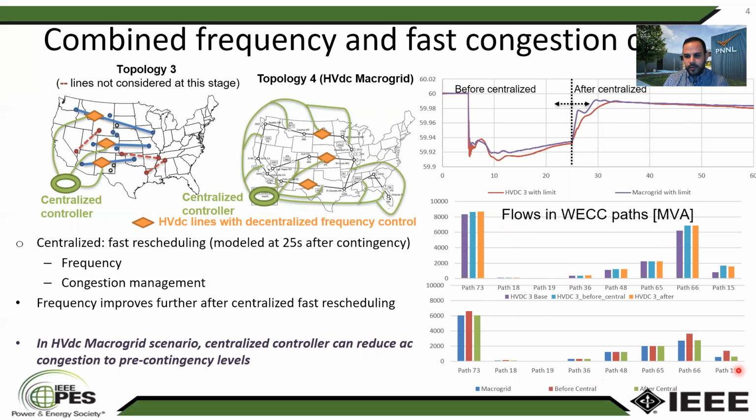However, in the case of the macrogrid, we see that redispatching these lines using the centralized controller was able to bring them back to the original level. So the conclusion is that both topologies were able to support even further improvement of the frequency response, but the macrogrid, because it has more HVDC links, and you can redispatch and redirect your flows more appropriately, can even relieve the system from congestion.